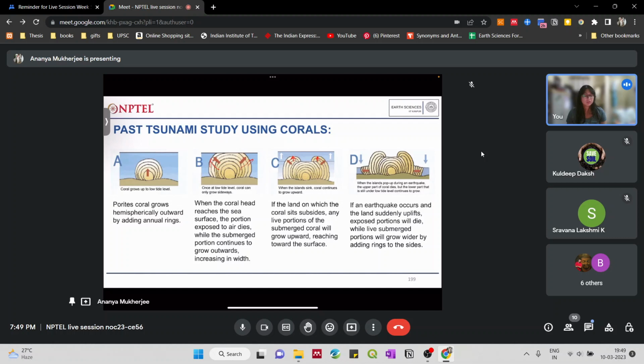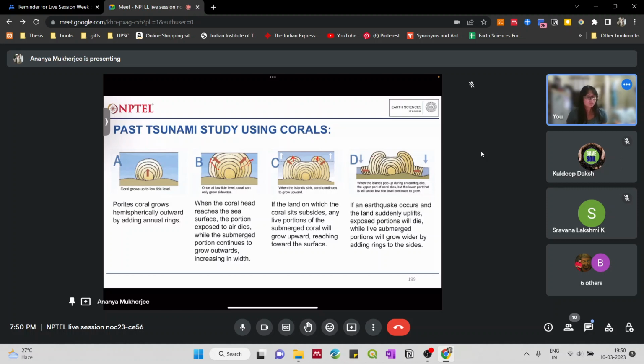This could be seen in areas which subsided due to the tsunami, and in the place where the land was uplifted, due to the displacement on top, as we said, if the hanging wall has gone on top in terms of a thrust fault.